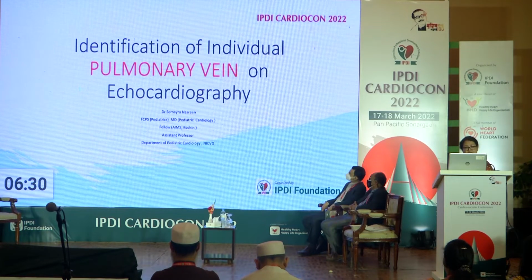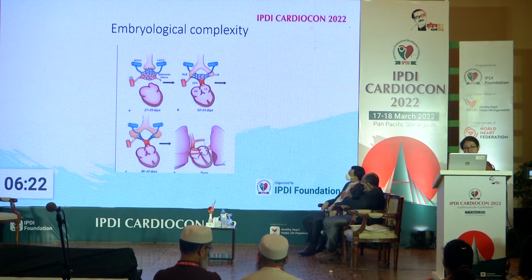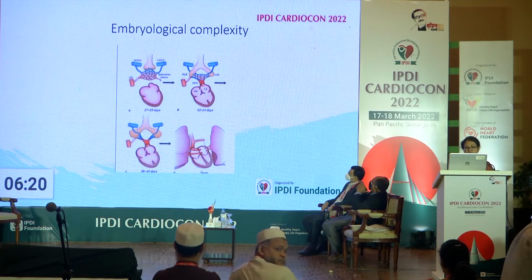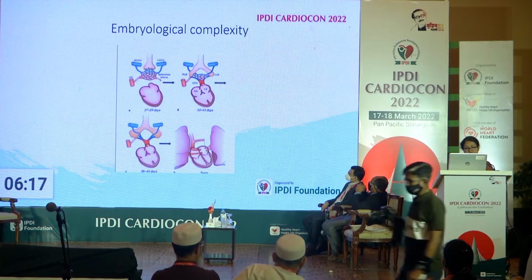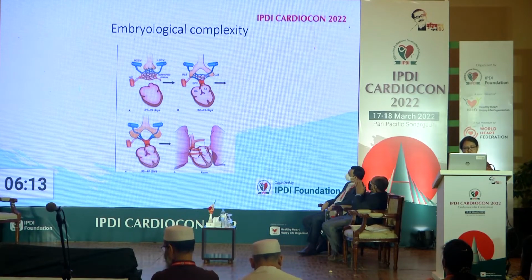Today my topic is identification of individual pulmonary veins on echocardiography. If we review the embryological development of the pulmonary vein, we see a complex process of development from the early stage to term.